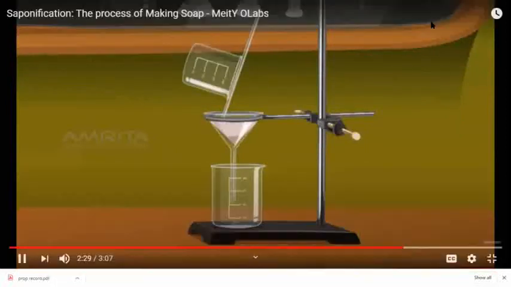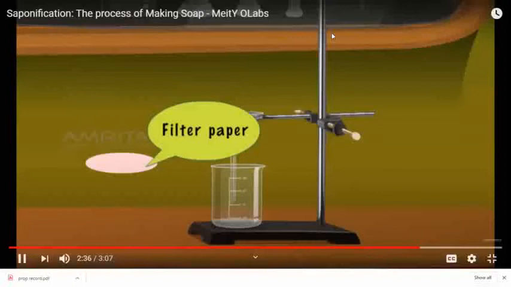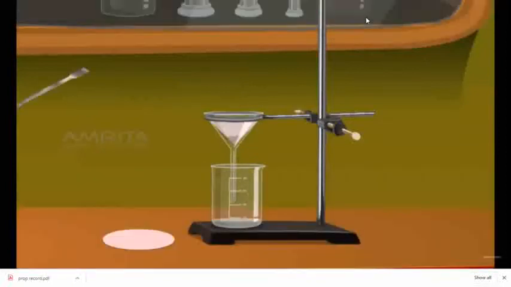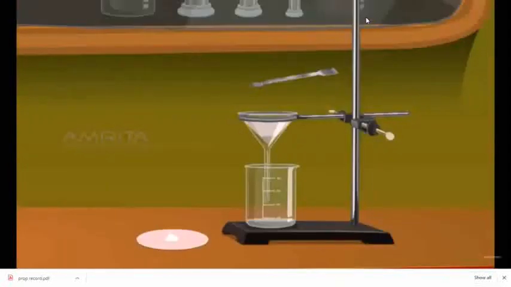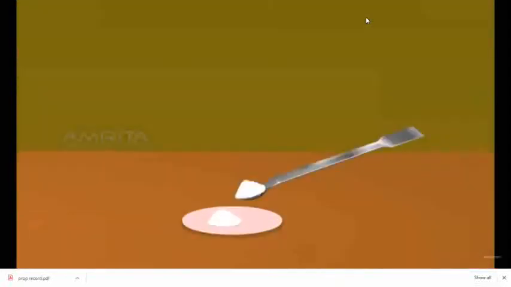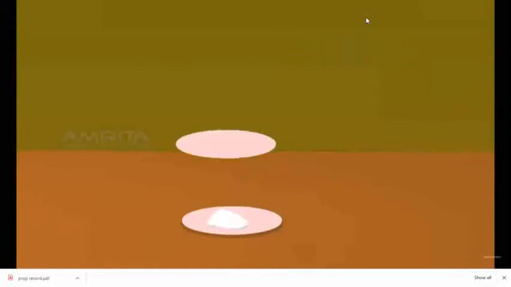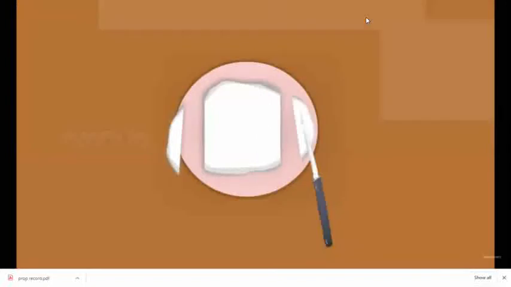Soap is left on the filter paper. Take a filter paper and remove soap from the funnel using a spatula and place it on the filter paper. Dry the soap by pressing it with another filter paper. Cut it into the desired shape with a knife. Soap is thus prepared.